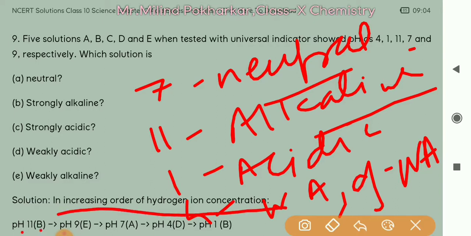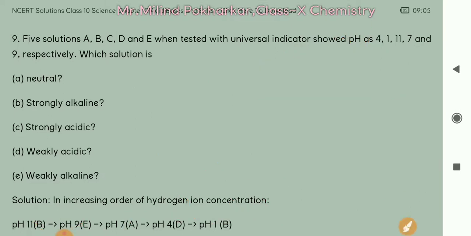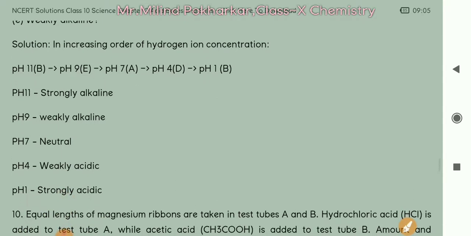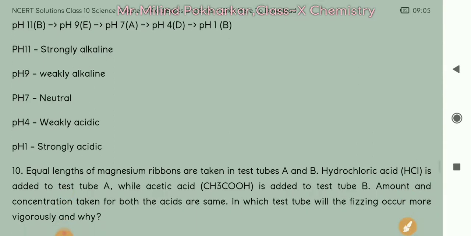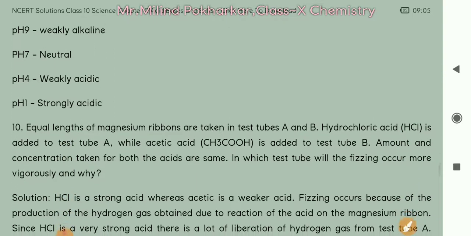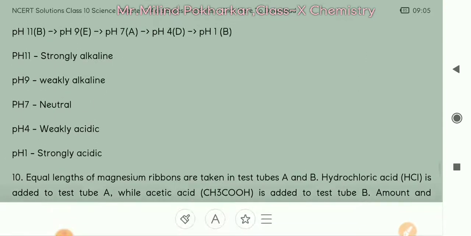So 11 is strongly alkaline, 9 weakly alkaline, 7 neutral, 4 weakly acidic, 1 strongly acidic. So this is how we can classify on the basis of pH values also.